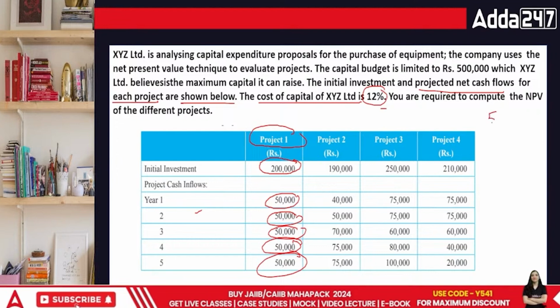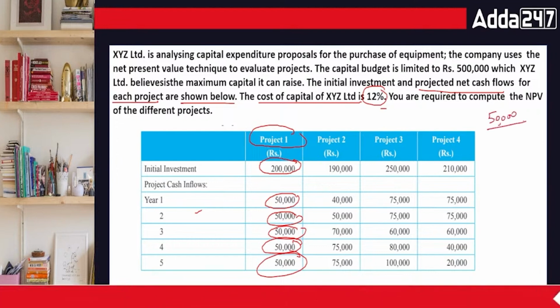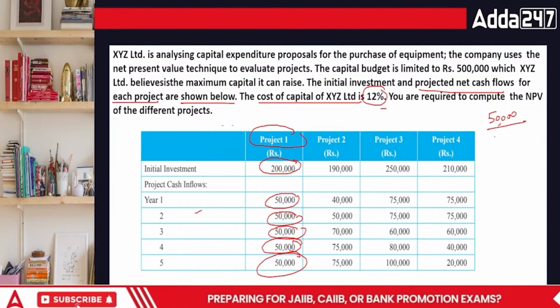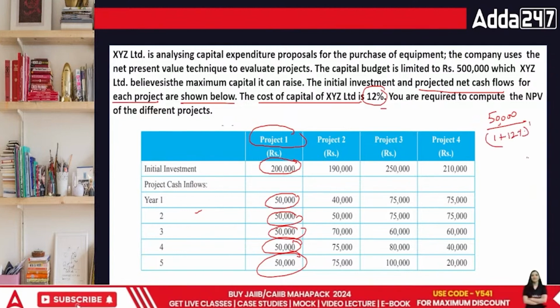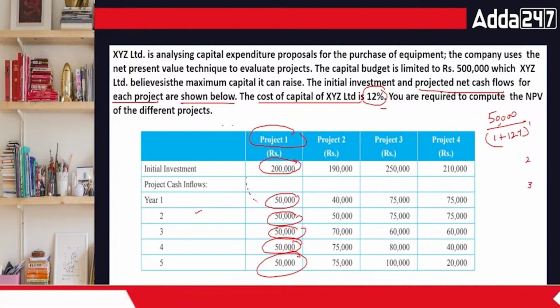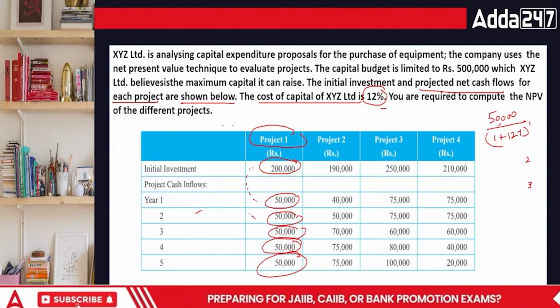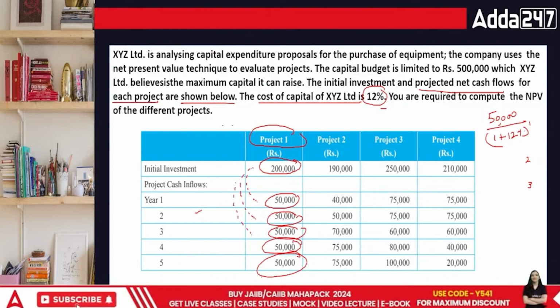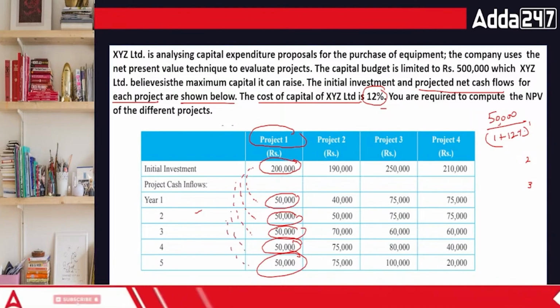That means if I receive 50,000 in the upcoming future, I divide it by 1 plus 12%. First year, then second year, then third year. This is the value for the first year, I want to come back to 0. This is the value for the second year, I want to come back to 0. Third year, fourth year, fifth year, I want to come back to 0.